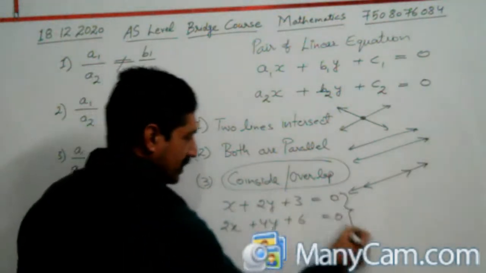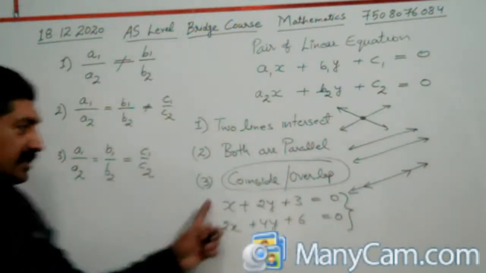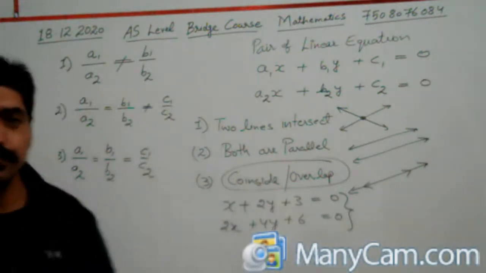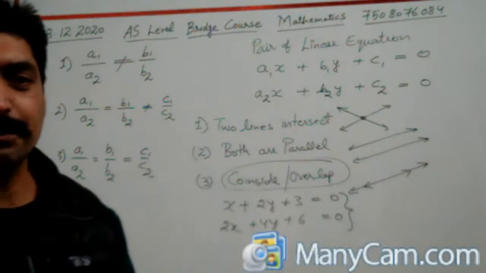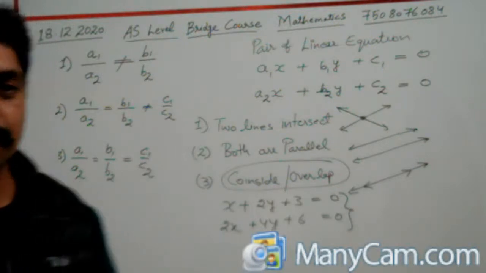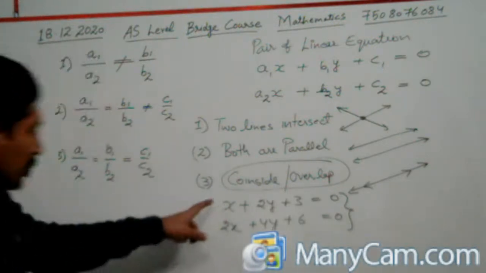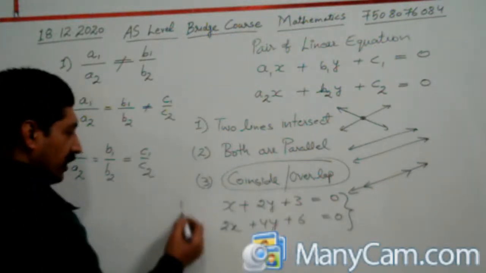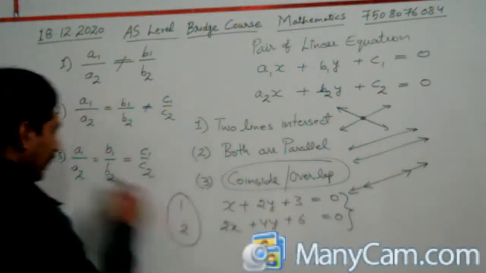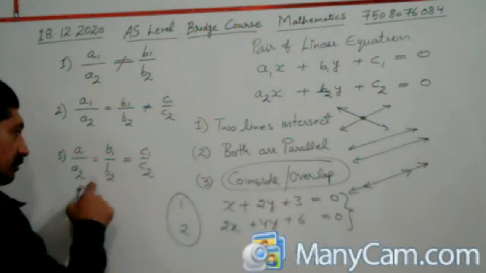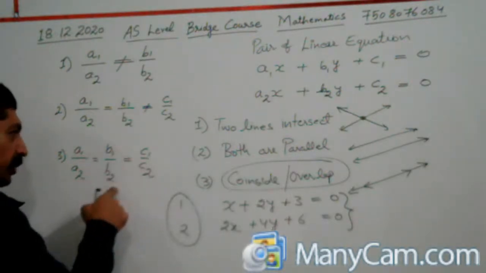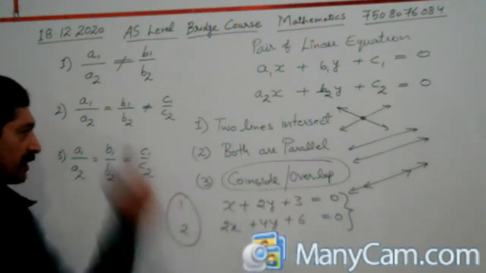These two lines lie on each other. If we find the solution, the solution will be common to both equations. Why? Because we have the ratio 1 to 2: a1 upon a2 is equal to b1 upon b2 is equal to c1 upon c2.